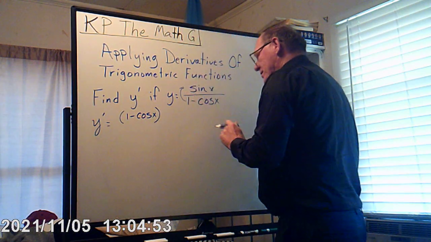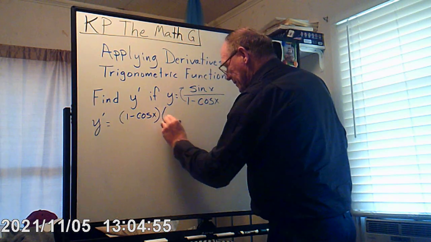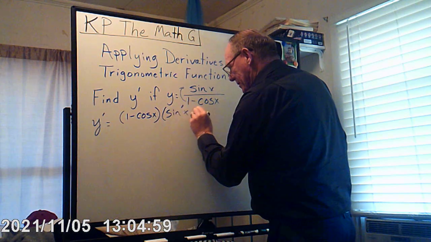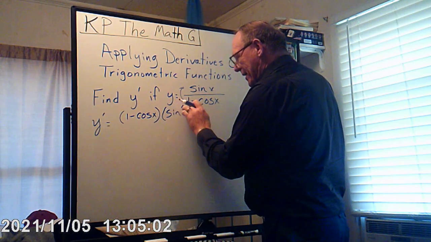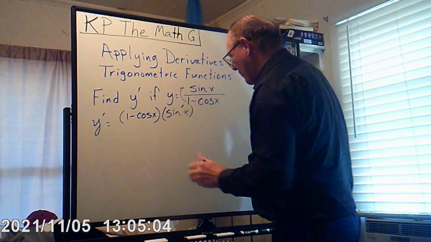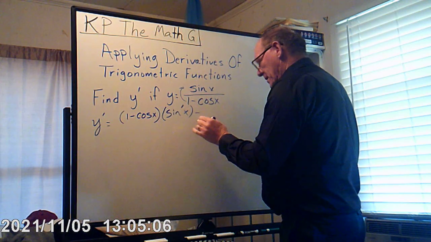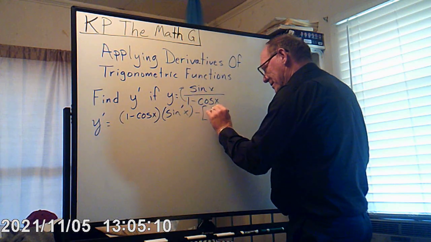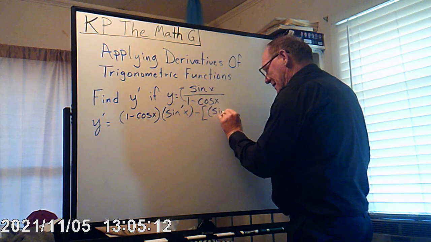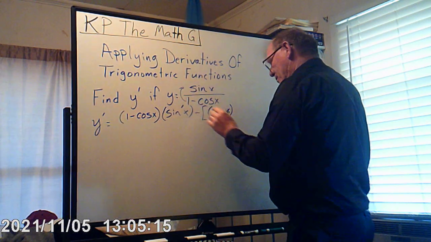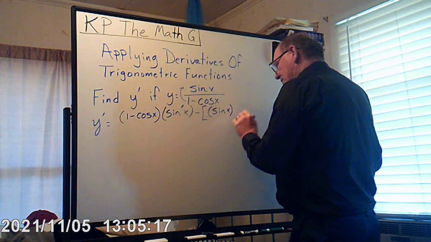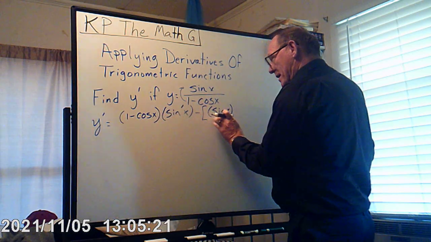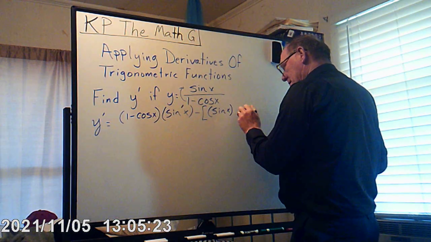Times the derivative of sine x. I'm just going to put that dash to show that that is the derivative that we're looking for, minus, now sine x times the derivative of, let's say, low d high minus high d low.